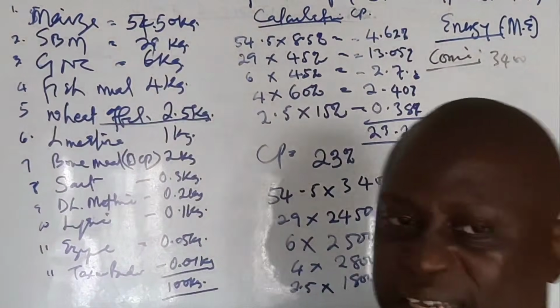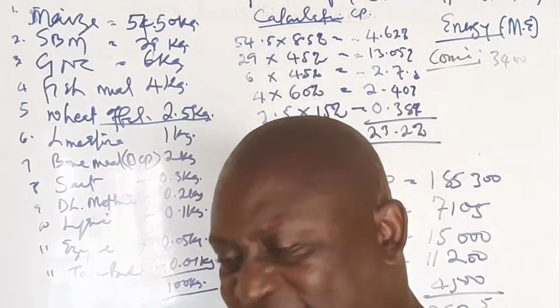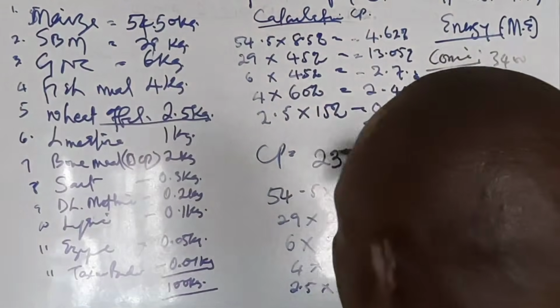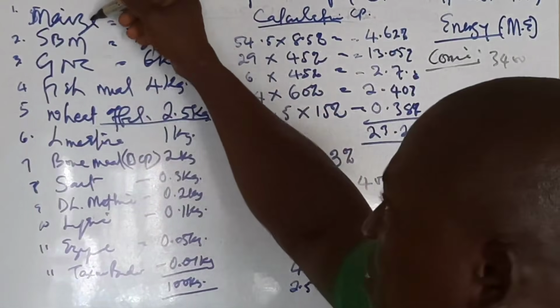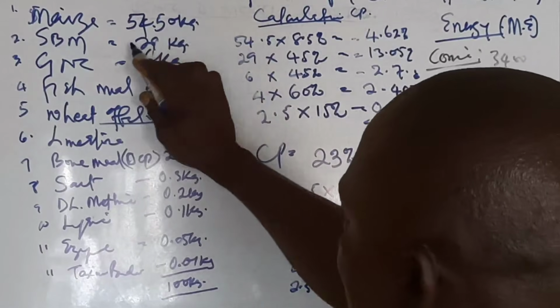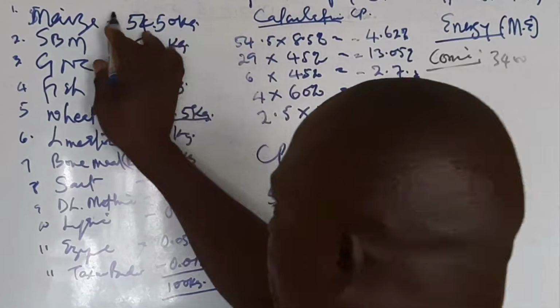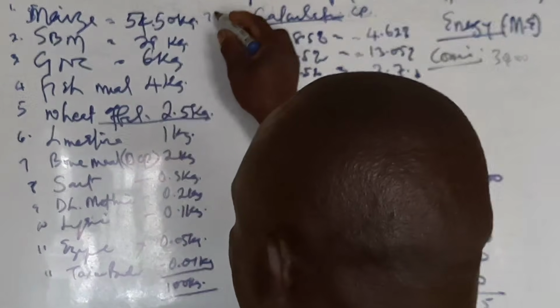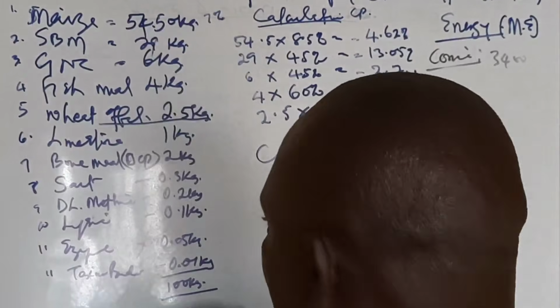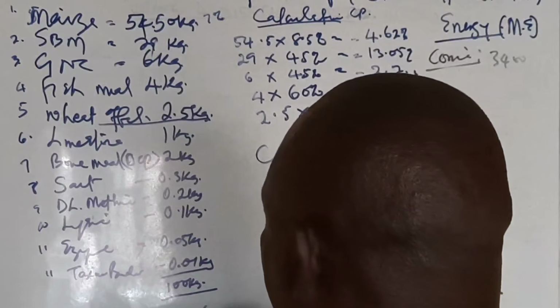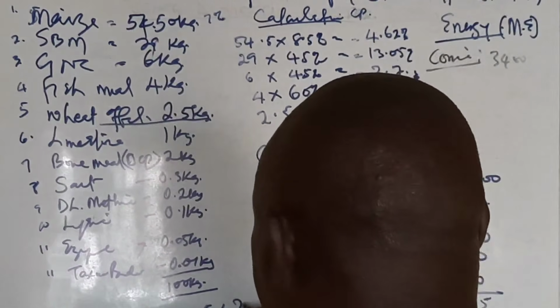So if you check the nutritional composition of other ingredients, you can get fat. Now what you do is check the fat content of corn. Now you multiply it by the percentage. If the fat of corn is about 7%, what you do now is 54.5 times 7%.